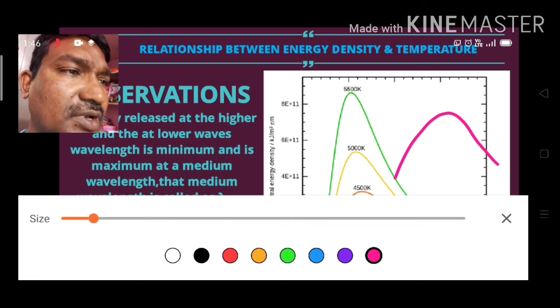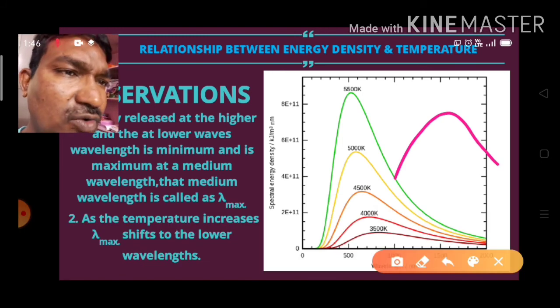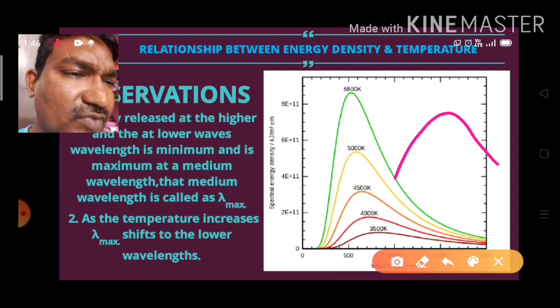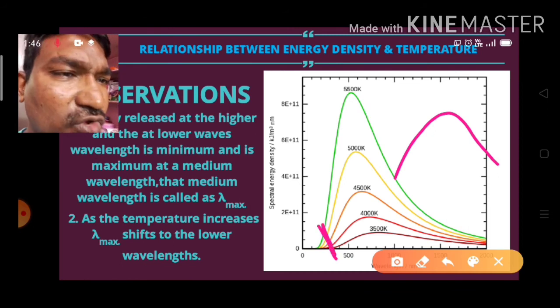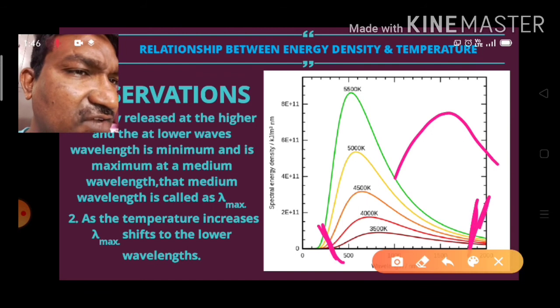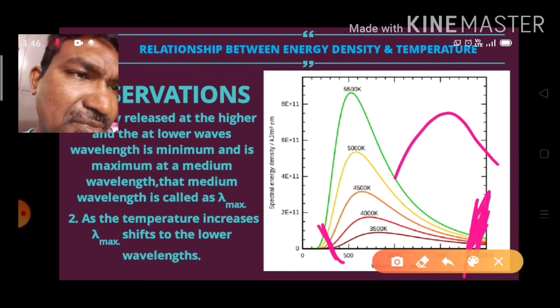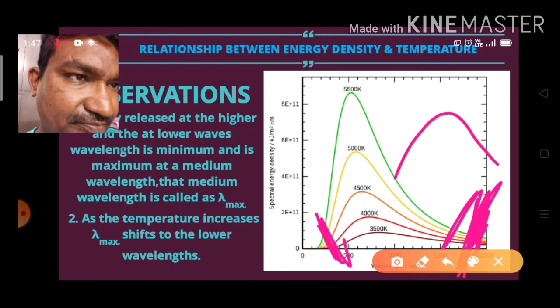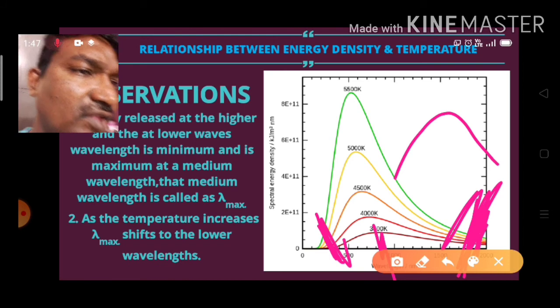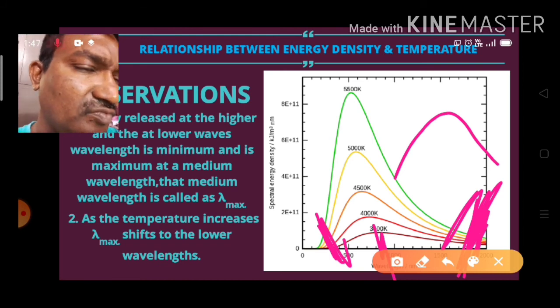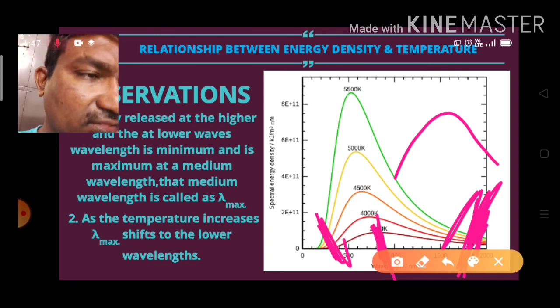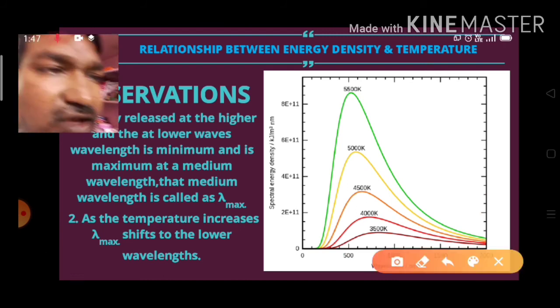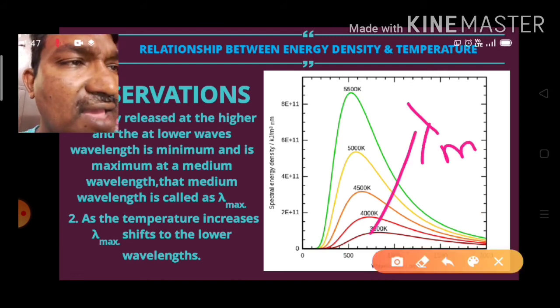By looking at this graph, we can say that the energy released at lower wavelengths and at higher wavelengths is very less, minimum. And the energy released at a medium wavelength is high. At a particular temperature, the energy released is high at a medium wavelength. That wavelength is called the lambda maximum.